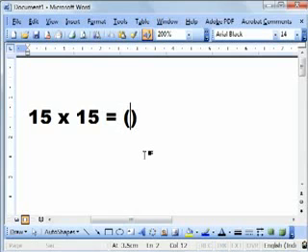Rule, hint number 1: the second figure will always be 25. So right away we can write that the last two digits will always be 25. Now how do we find the first part? This is our number, 1.